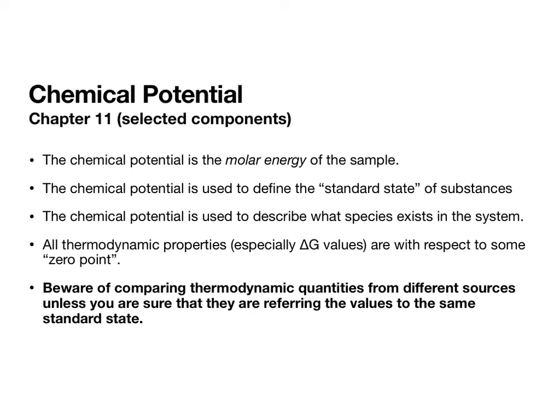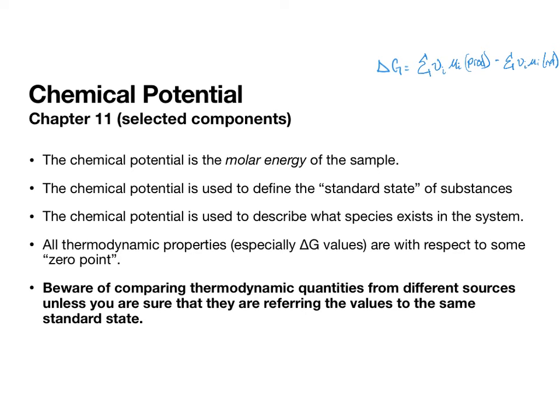Now, in the previous expression, we said that delta G is going to be equal to the sum of nu_i mu_i of our products, minus the sum of nu_i mu_i of our reactants.